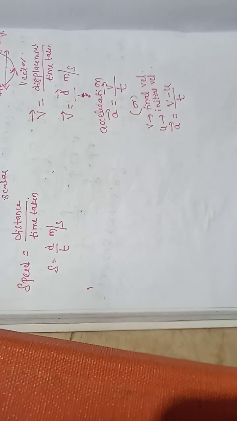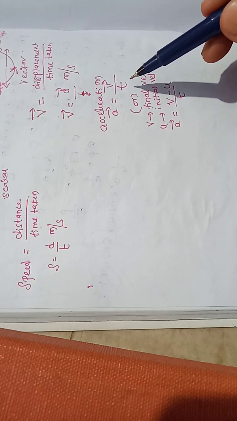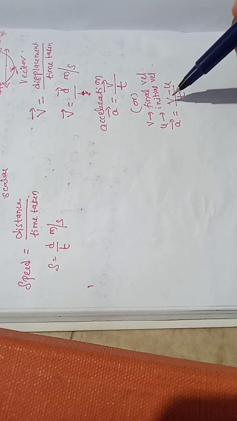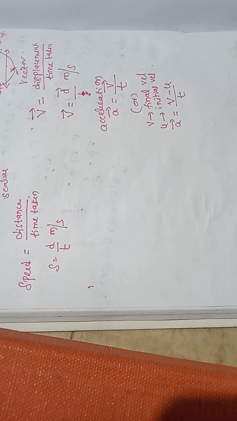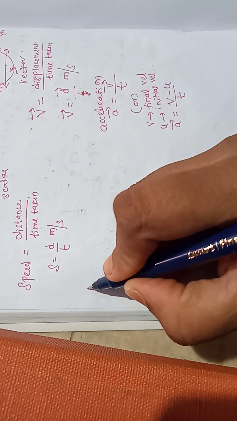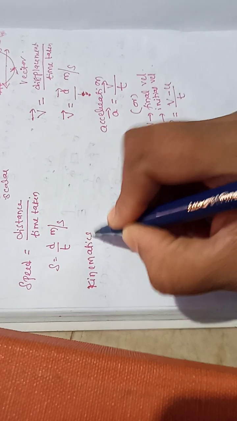Acceleration is defined as v minus u by t. Right? So velocity is d by t, and acceleration is the rate of change of velocity, or it can also be written as v minus u by t. Right?